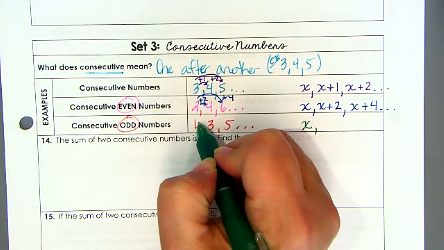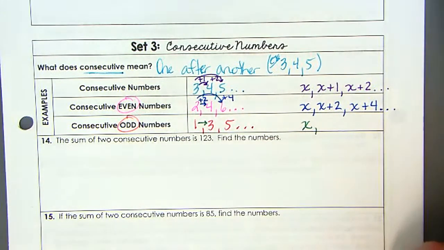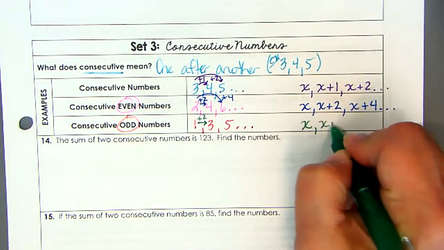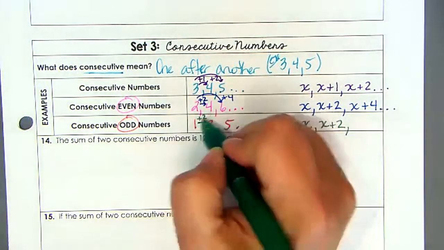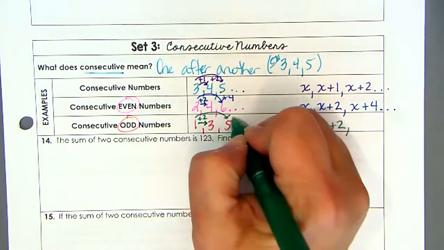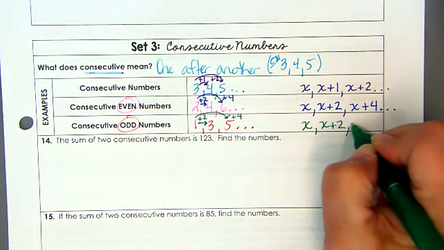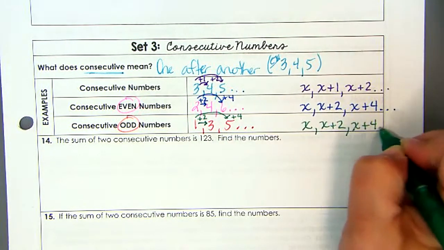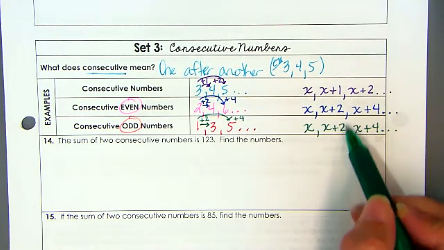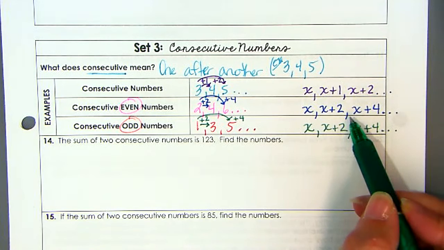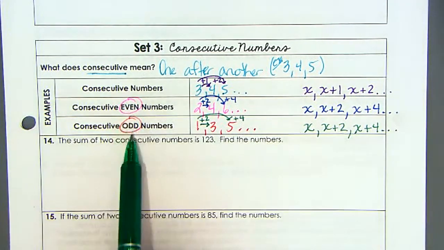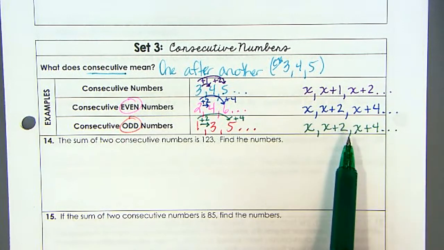What do I have to do to 1 to get to 3? Add 2. So my second one is going to be X plus 2. What do I have to do to 1 to get to 5? Add 4. So the third one is X plus 4. Whether it's even or odd, it is the exact same expression for finding the next terms. That's what's nice about those. Even though it's saying even and odd, you still work the same way.